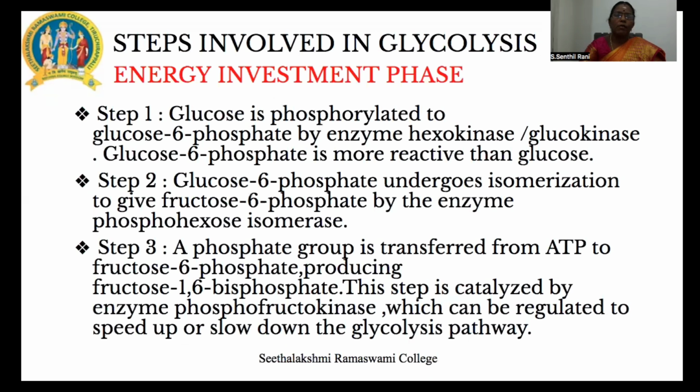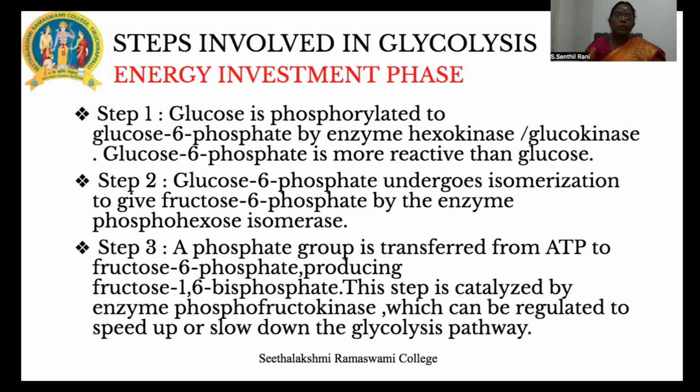Steps involved in glycolysis. Now, let us see the energy investment phase. Steps 1, 2, and 3 are referred to as the energy investment phase. In step 1, glucose is phosphorylated to glucose 6-phosphate by the enzyme hexokinase or glucokinase. Glucose 6-phosphate is more reactive than glucose.